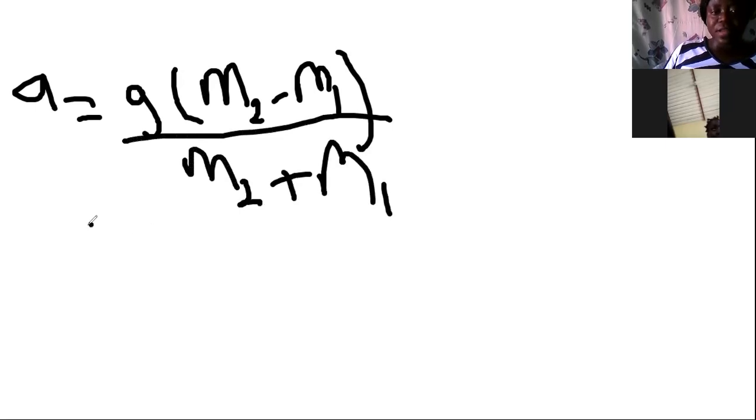We know all these values, so our G is 9.81.